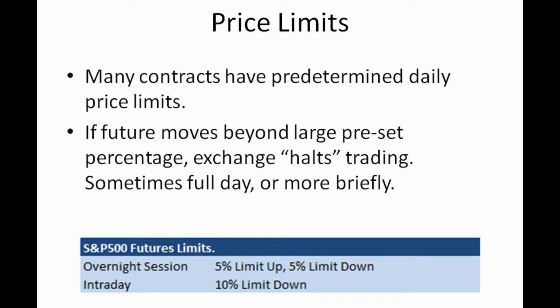At other points, it might be halted for a full day. So the example we have on your slide here is the S&P 500 futures limits. Now, this can change over time, but at present, during the overnight session, limit up is 5% and limit down is 5%. And then intraday, there's just a 10% limit down.